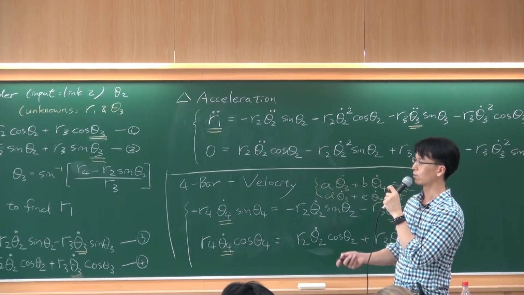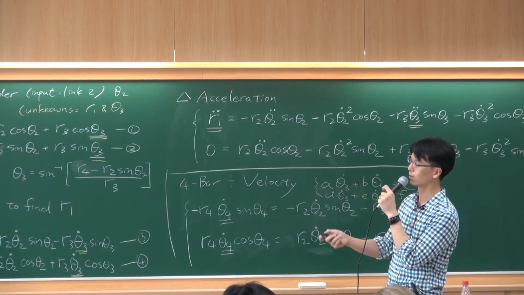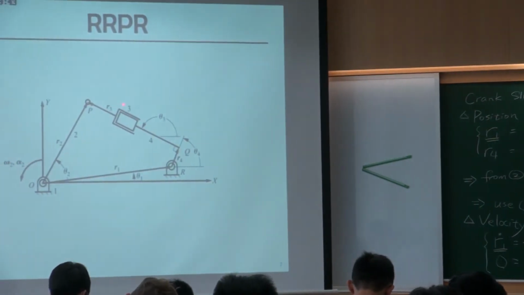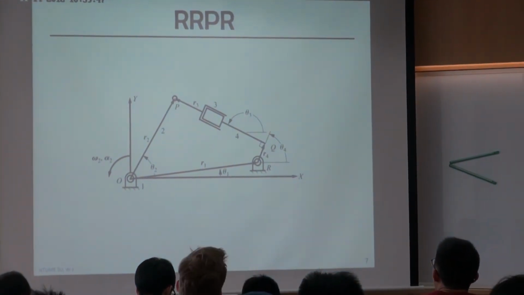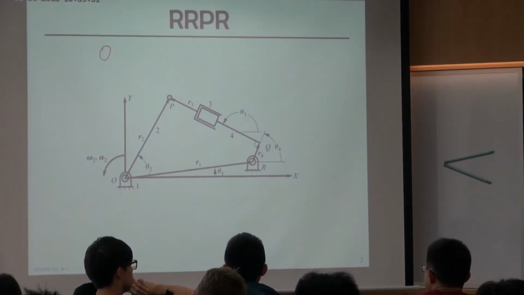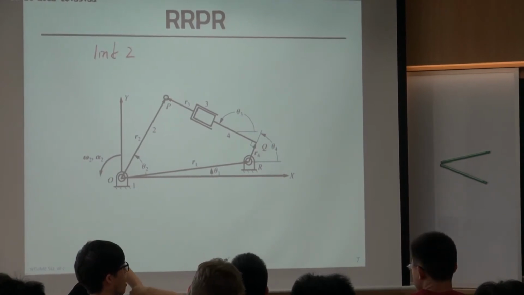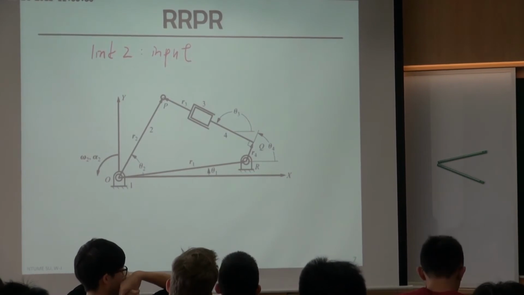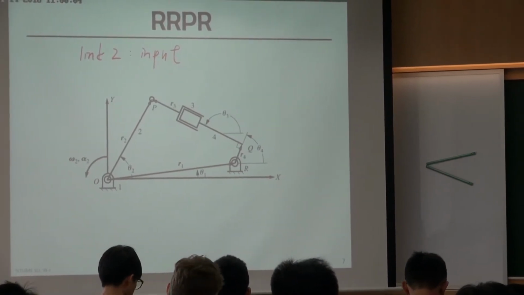Okay, so just another example is still a 4-bar mechanism. But right now we have three R joints and one P joint. Let's say we still use link 2 as input, and we are trying to find theta 4.